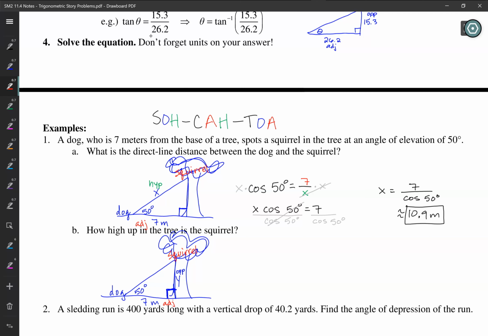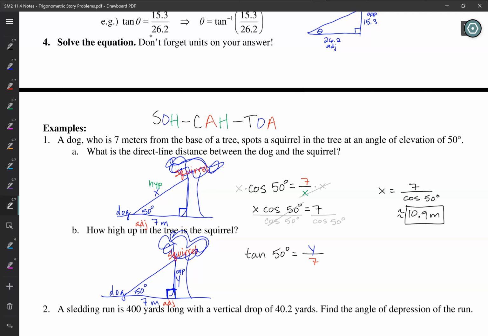So this time, I want to know opposite, and I already know adjacent. Opposite and adjacent, I'm going to use tangent, TOA. So the tangent of 50 degrees equals opposite y over adjacent 7.